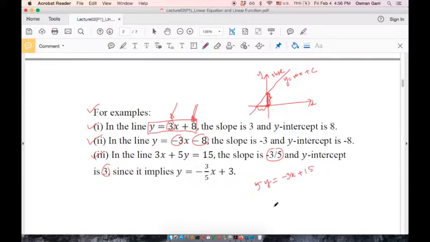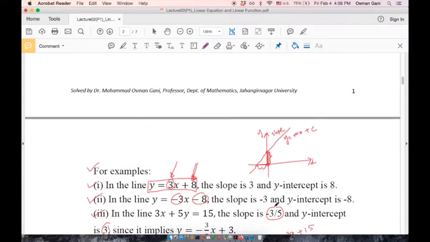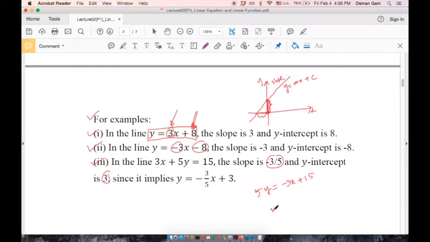So let me convert it to the standard form. Dividing both sides by 5, we have y equal -3/5 x plus 3. So this line has slope -3/5 and y-intercept 3.